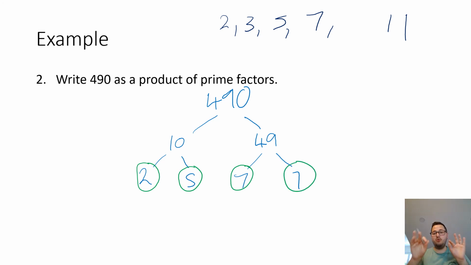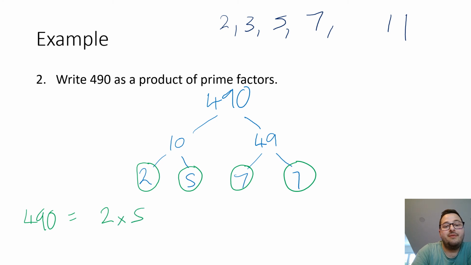In that one, I wasn't picking out primes at the beginning. I was just factorising it as easily as I could. I thought divide by 10, and I've still ended up with my prime numbers. So 490 is equal to 2 times 5 times 7 times 7.